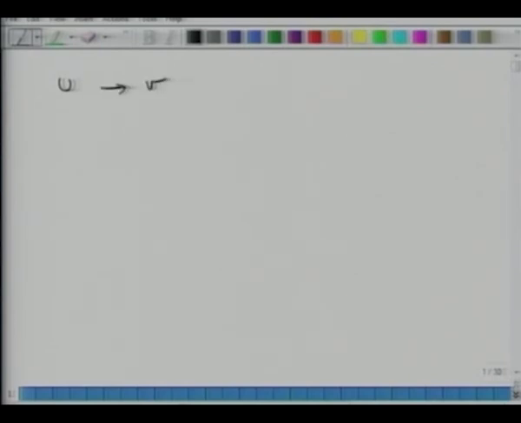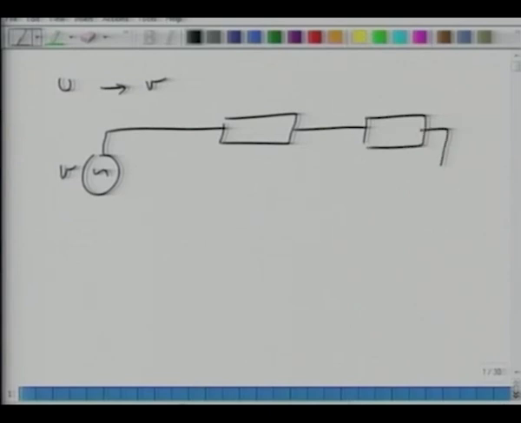One thing in this context that may be important to understand is that if I draw a circuit, it could be any circuit. I have a voltage source and there is an impedance, there is another impedance, and then I am closing the circuit. Here the impedance is Z1, here the impedance is Z2.